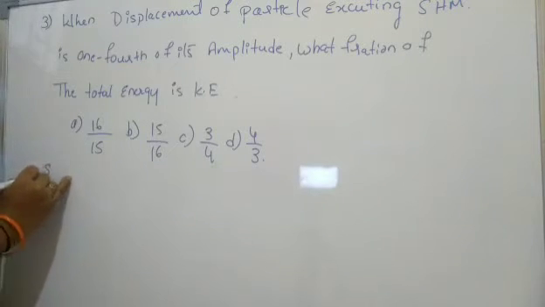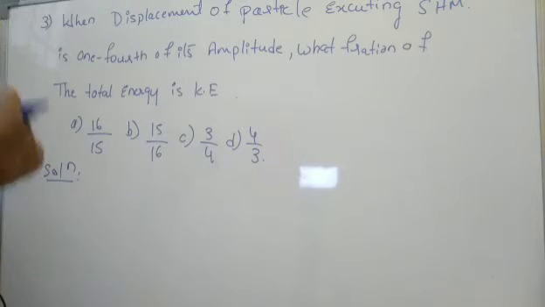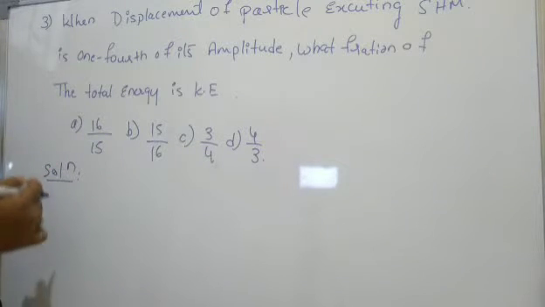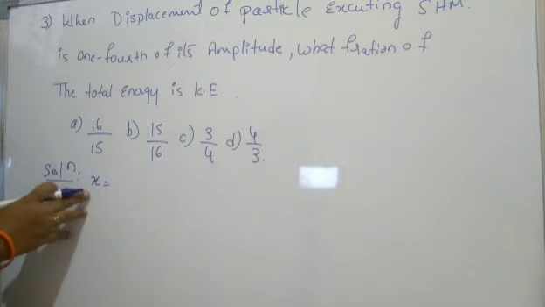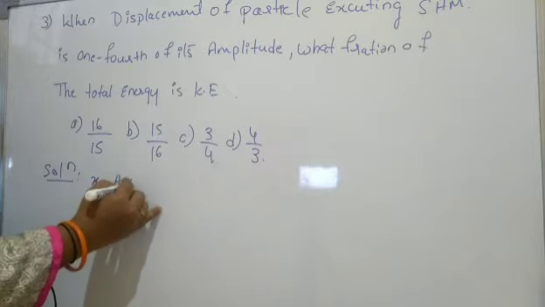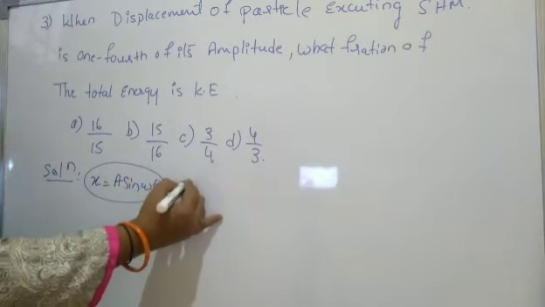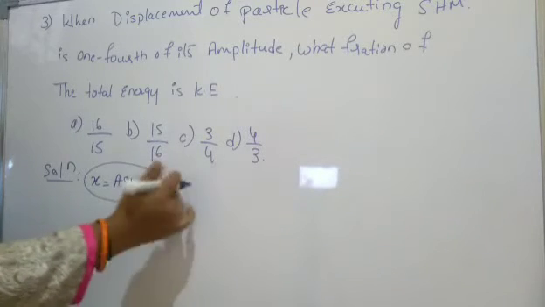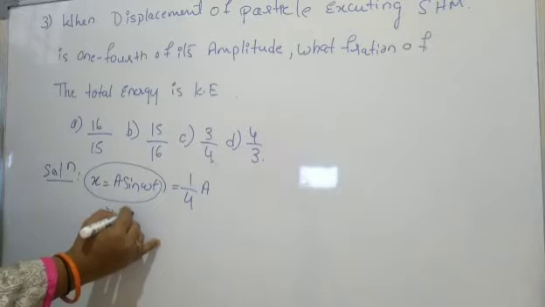Very simple it is. As we move ahead, when the displacement of a particle executing simple harmonic motion is 1/4 of its amplitude, the displacement will be taken as x. We know this is a sine omega t. So this part is 1/4 of the amplitude, so directly I am taking it as A by 4.